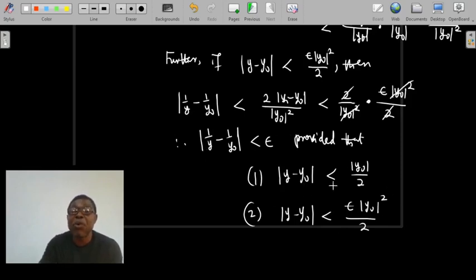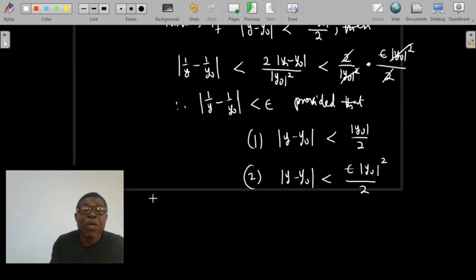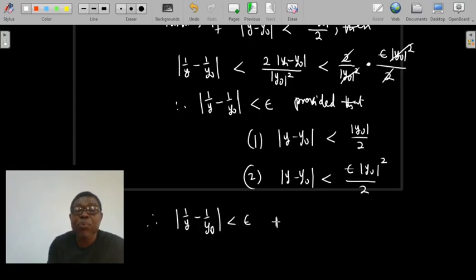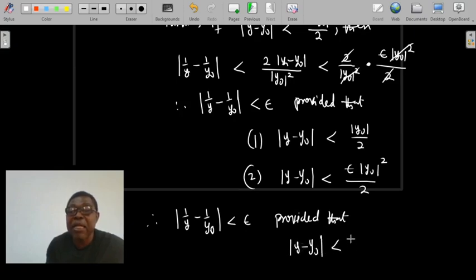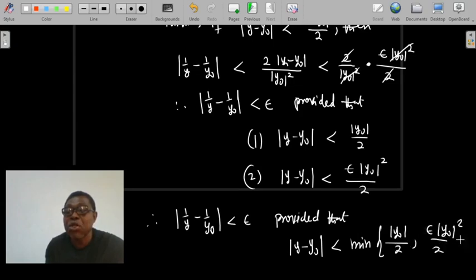So what must we do to get that these two are satisfied at the same time? What we have is therefore that absolute value of 1 over y minus 1 over y naught will be less than epsilon provided that absolute value of y minus y naught is less than the minimum of absolute value of y naught over 2, comma, epsilon absolute value of y naught squared over 2.